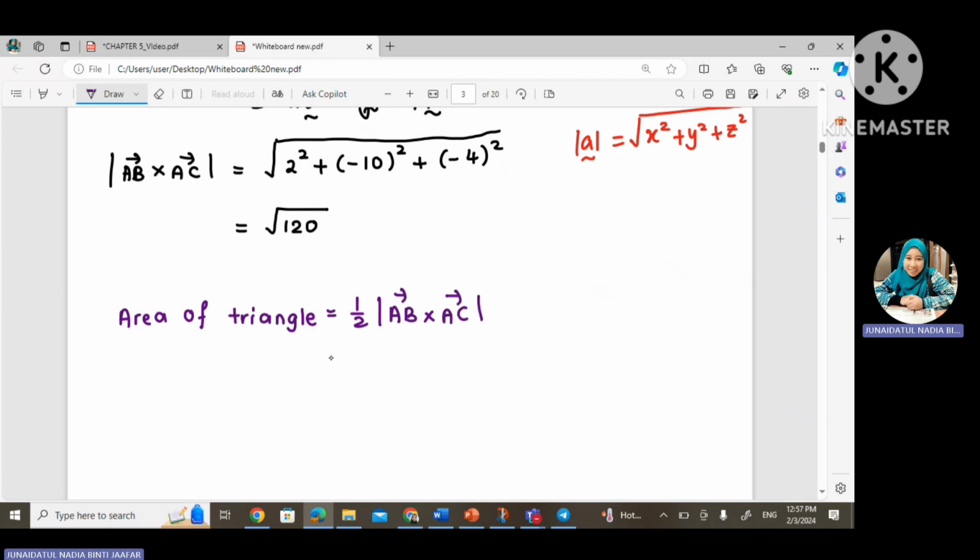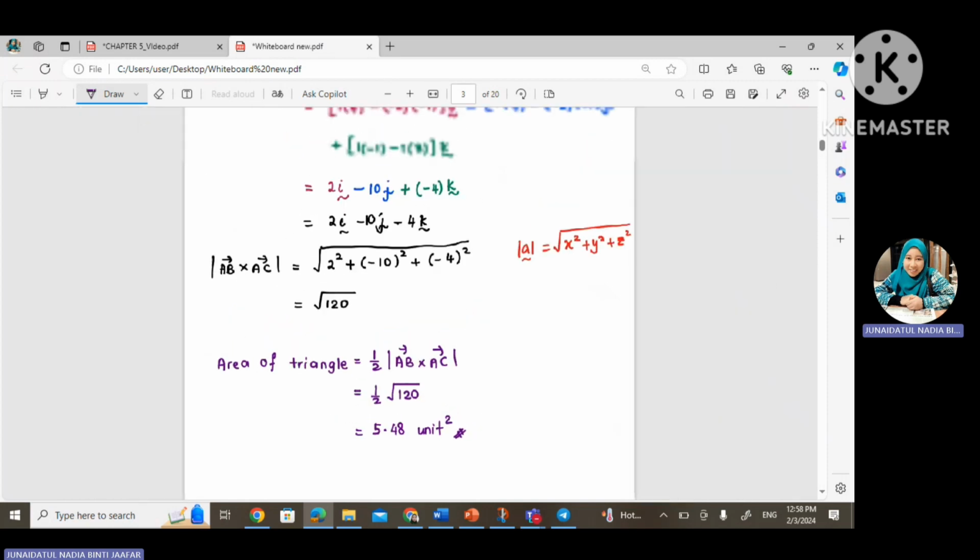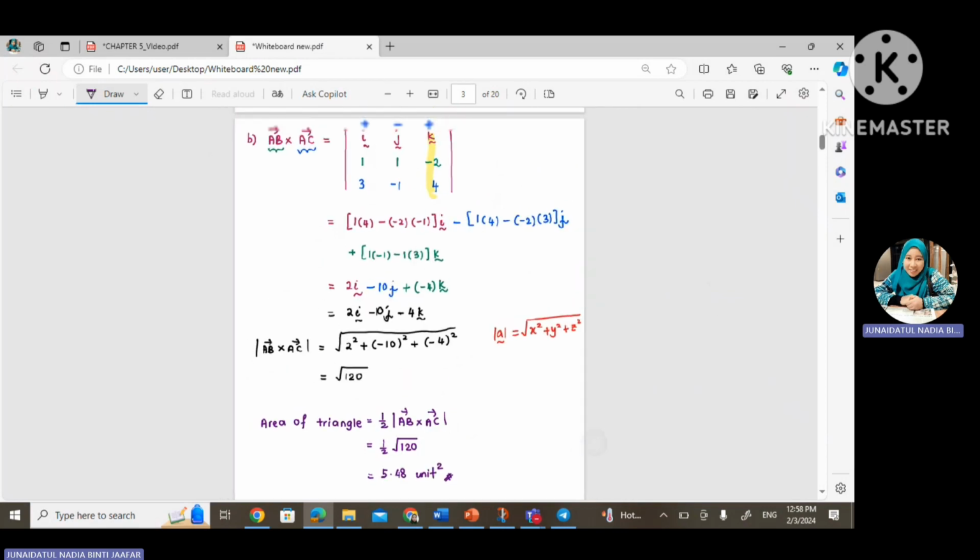We substitute the magnitude: 1 over 2 times the square root of 120. So we get the answer 5.48 unit squared. This is the answer for example 17.